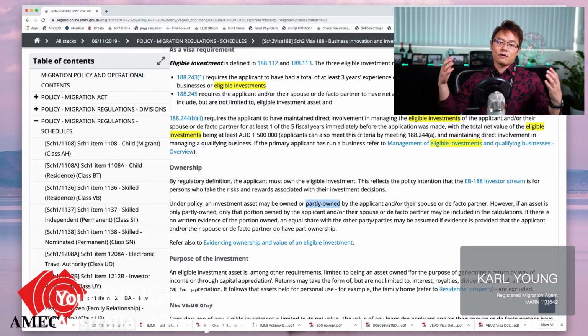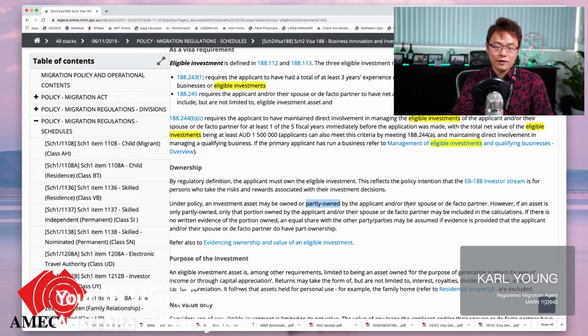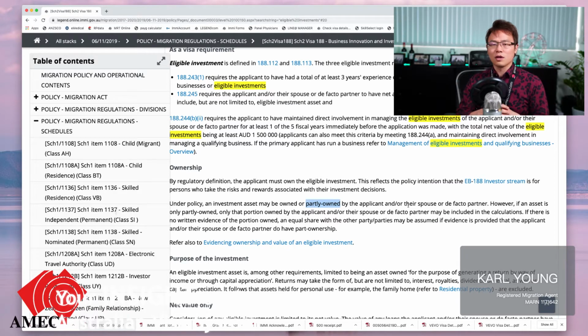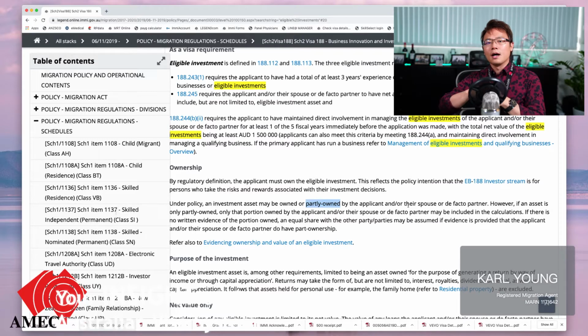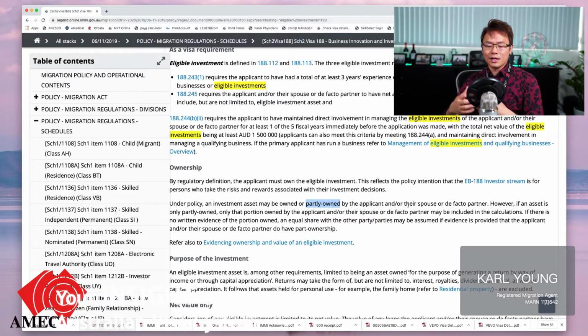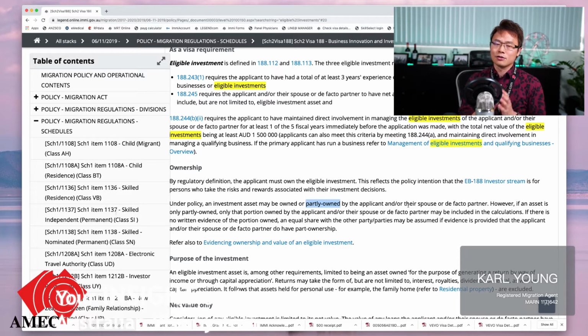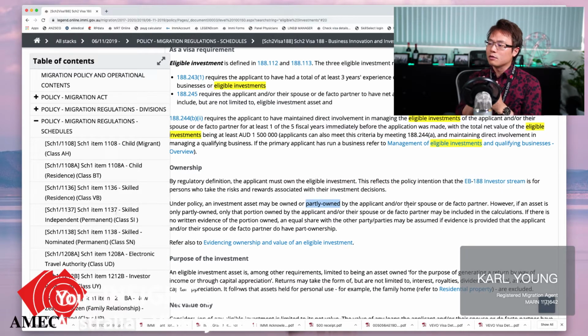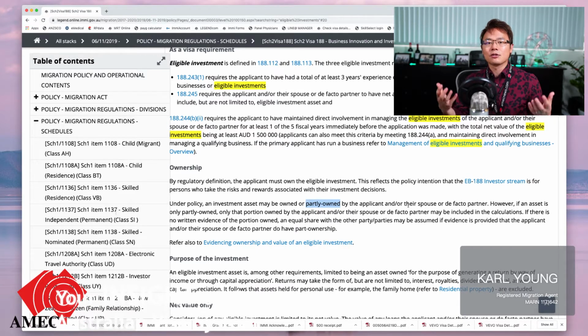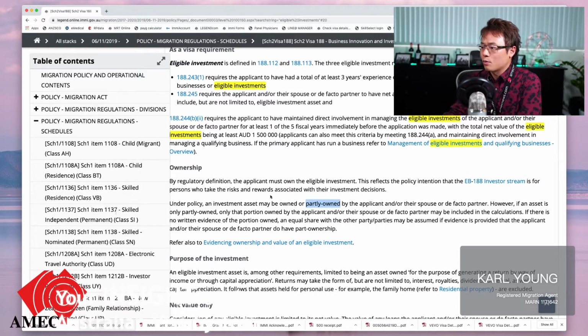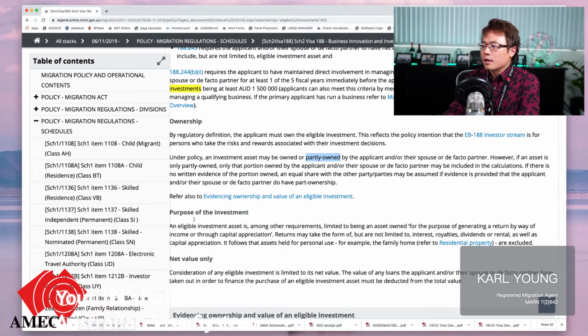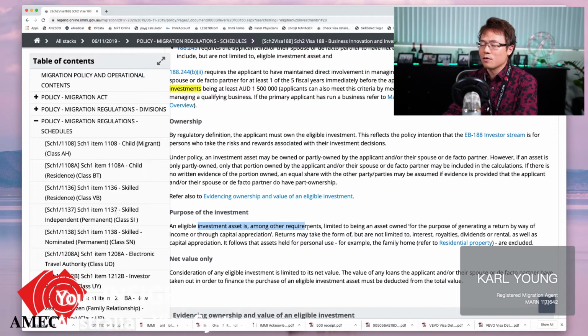You may have a very large lump sum which is family-owned under a family trust or whatever trust, or a parent company has another subsidiary, and so on. As long as it's partly owned, you need to provide evidence of how you own it and how much you own. Okay, so that's what it meant here. Now, the purpose of investment: it can't be something bluntly just for investment.